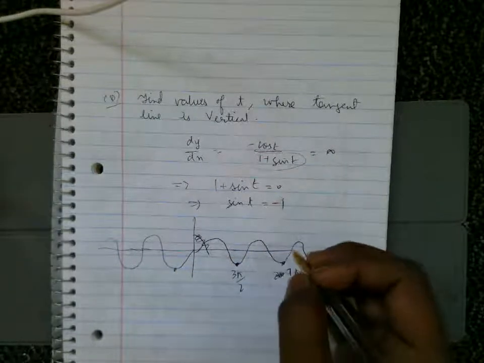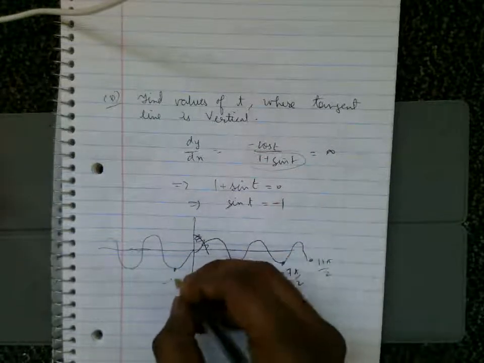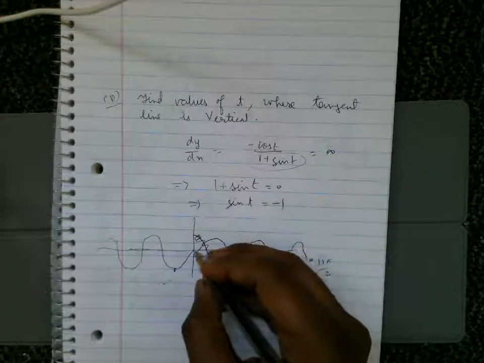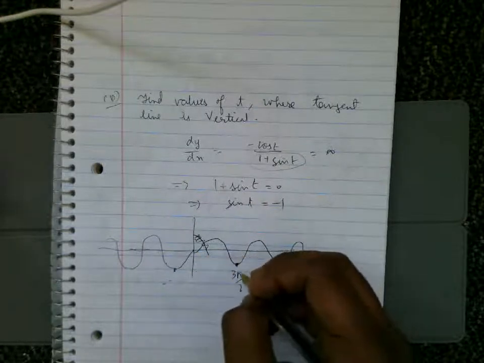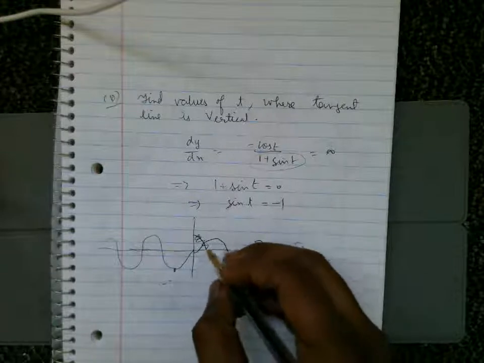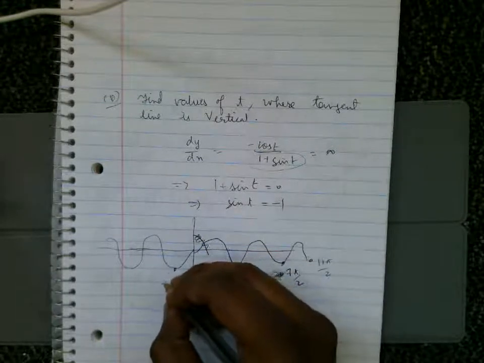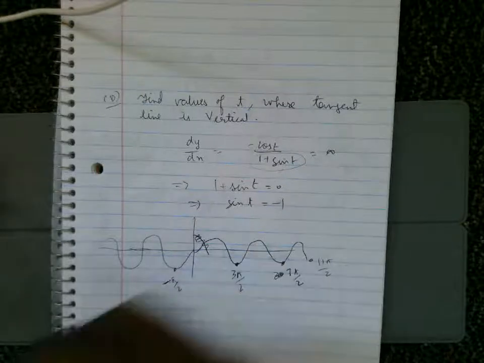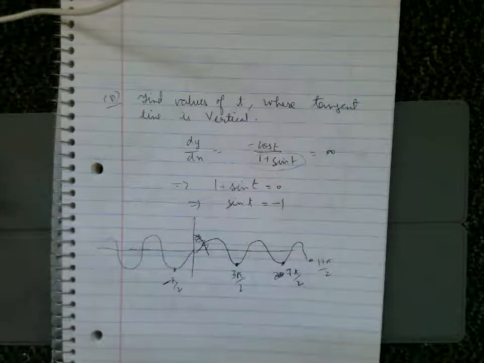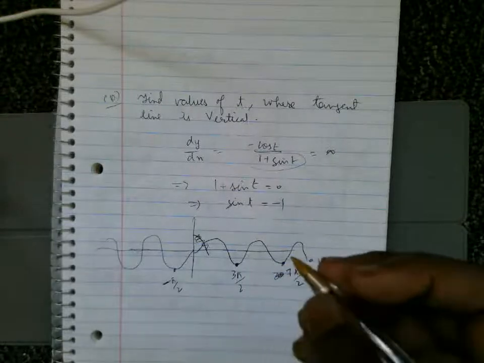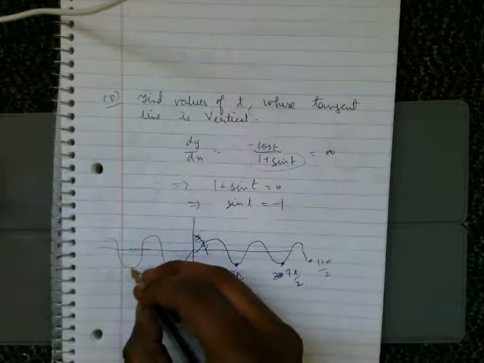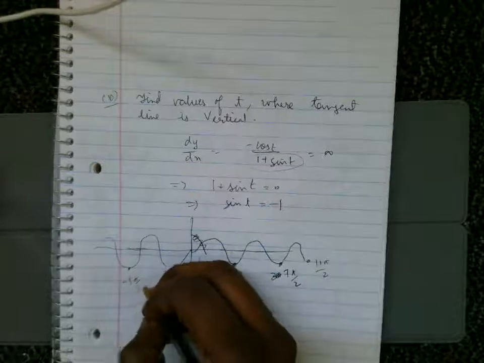And here we have the same thing, minus 3 minus, well, this is minus pi by 2. And this is minus 5 pi by 2 and so on.